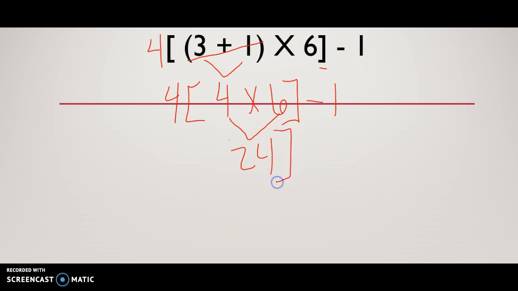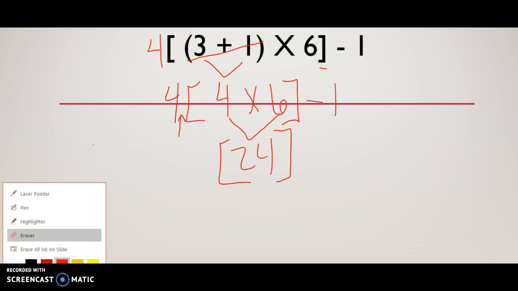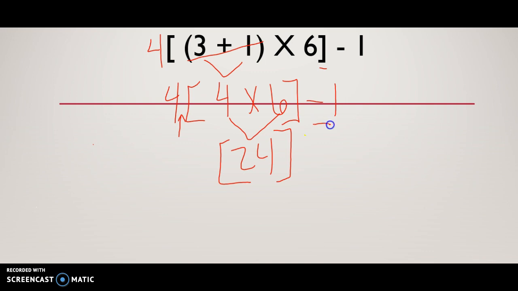This time, I'm going to keep my brackets around 24 because there's no operation symbol here, and that's not going to turn into 424. That's incorrect. So you have to keep the symbols since there's no operation symbol there.